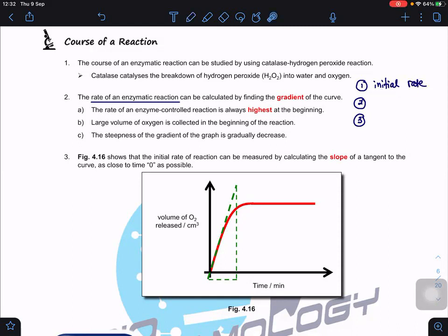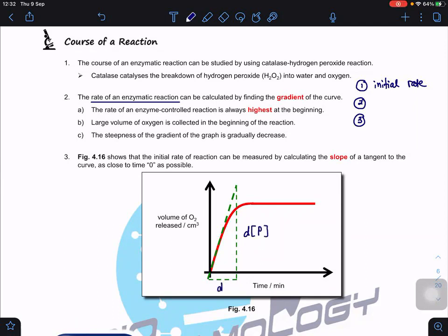If the question says measure the initial rate of reaction, we always place our tangent to the curve nearest to zero, and then we calculate the gradient. So this one is delta. Yeah, a bit of mathematics now. So this one is dP.